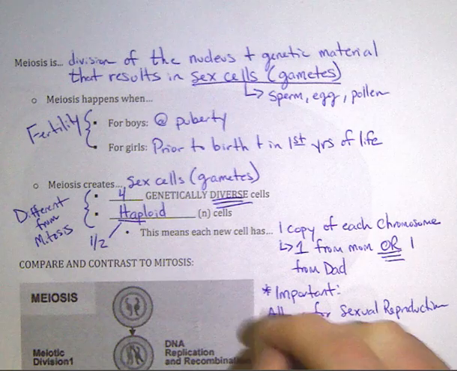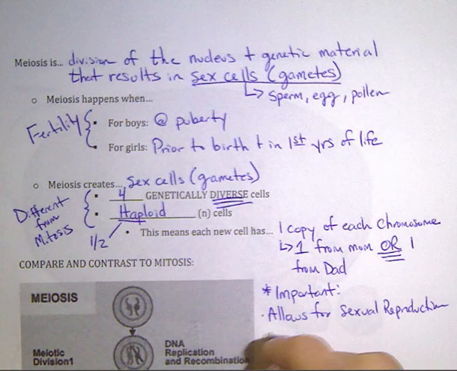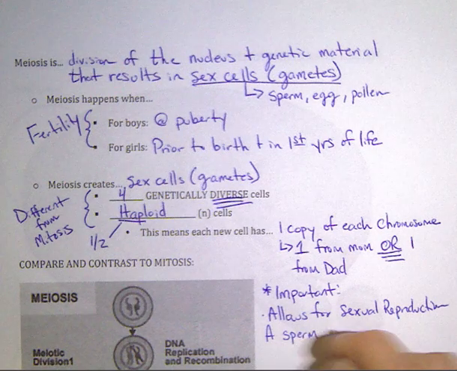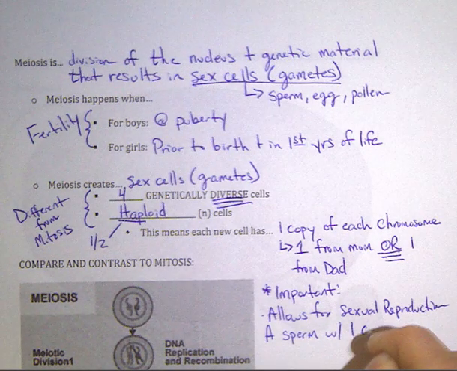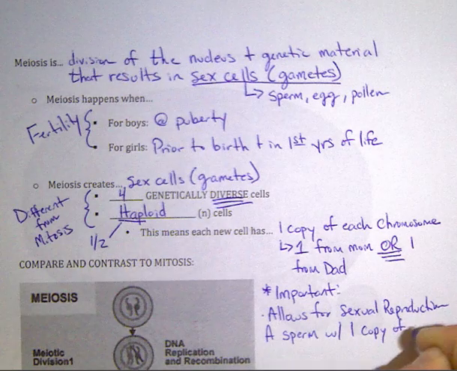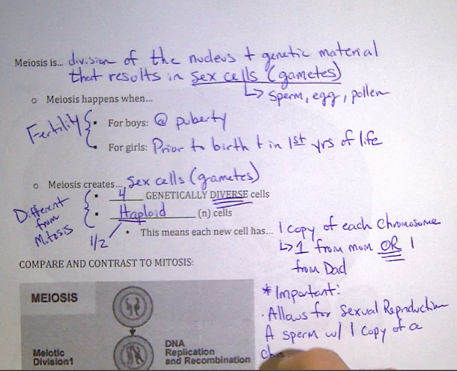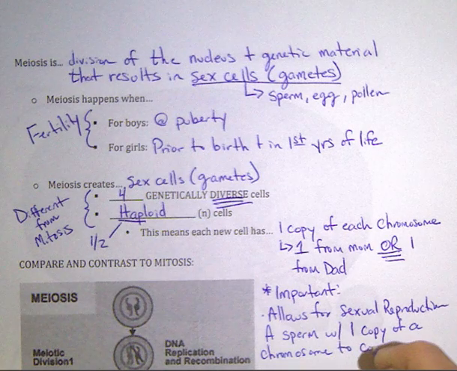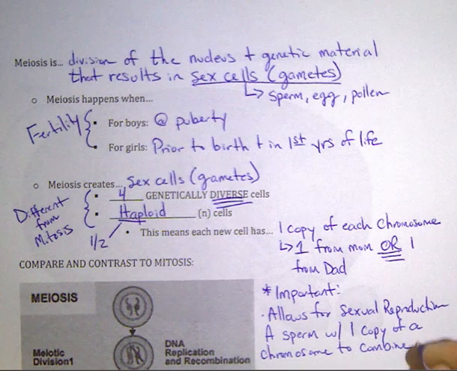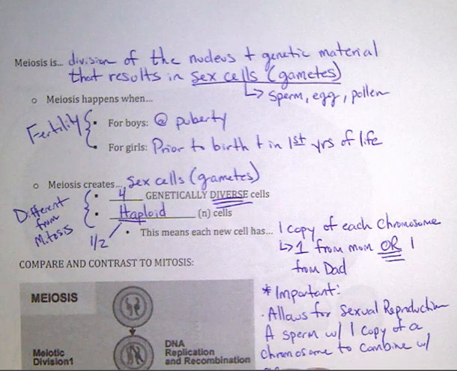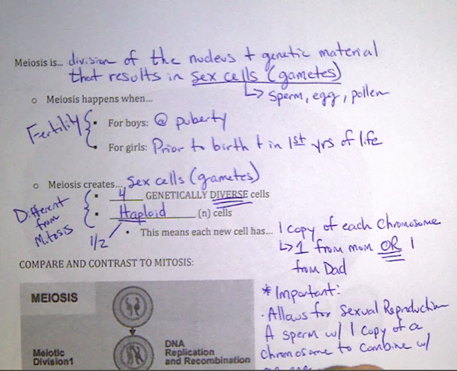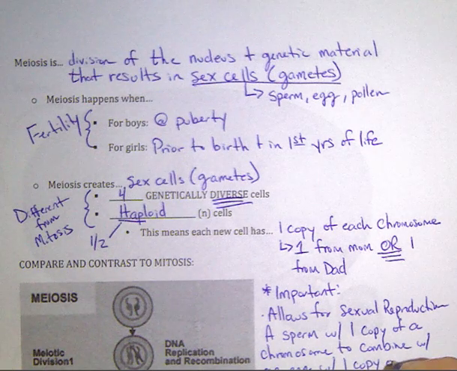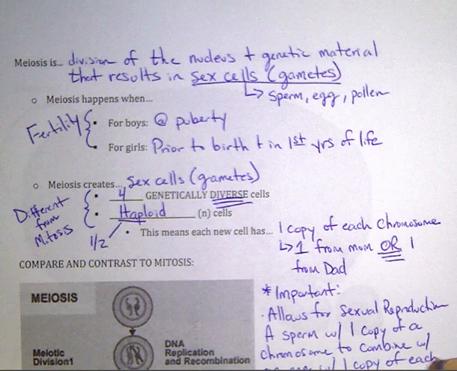It allows for a sperm with one copy of a chromosome to combine with an egg with one copy of each chromosome.